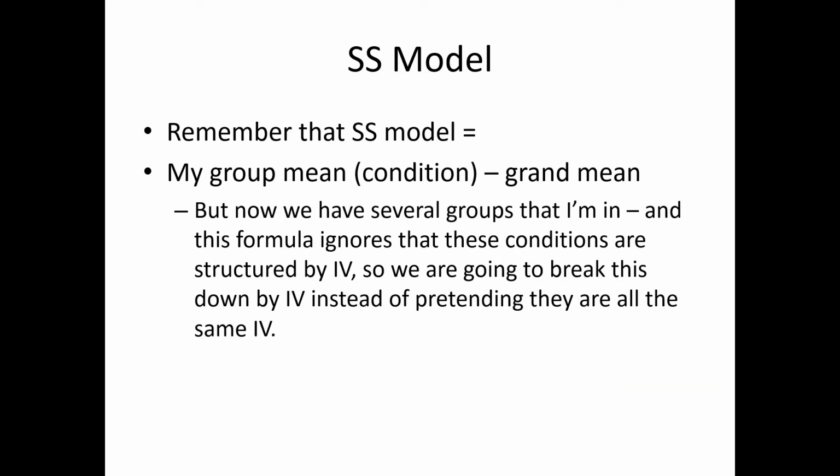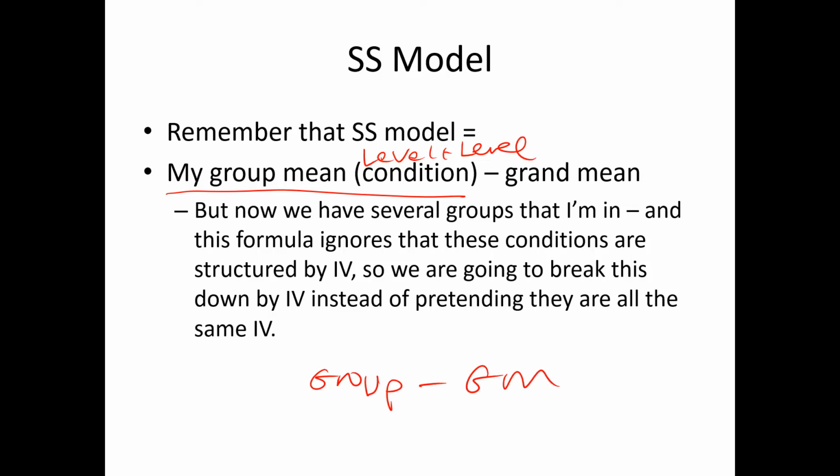So SS model is my group mean. Now I'm in 2 different levels. So remember, this condition is a level plus a level. Minus the grand mean. And what we did last week was just my group mean minus the grand mean.